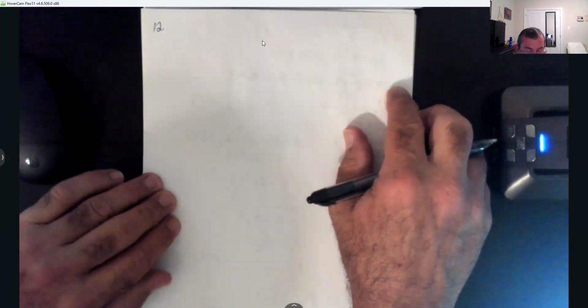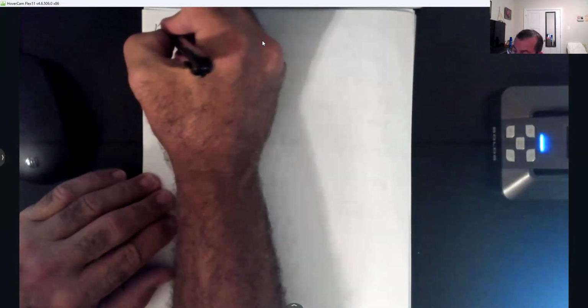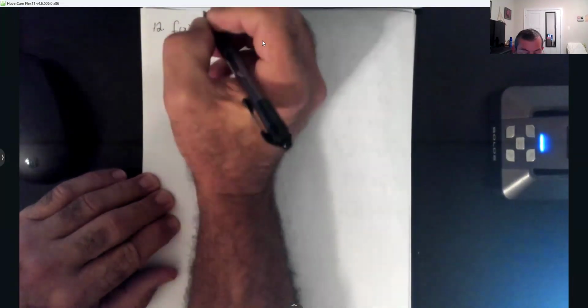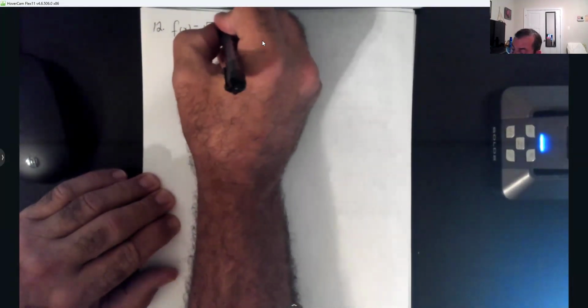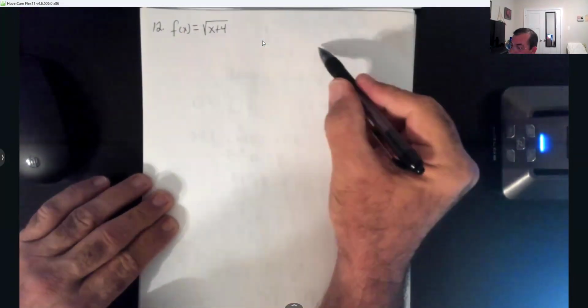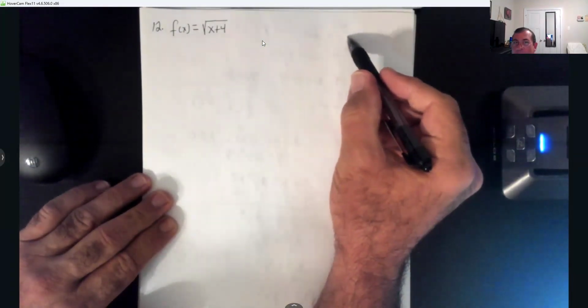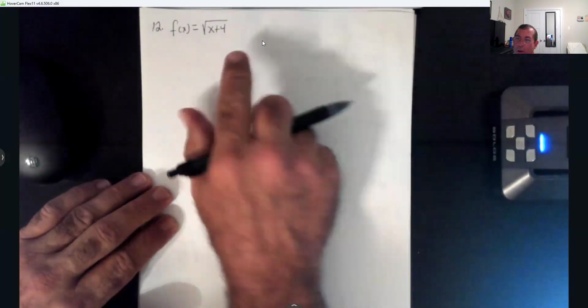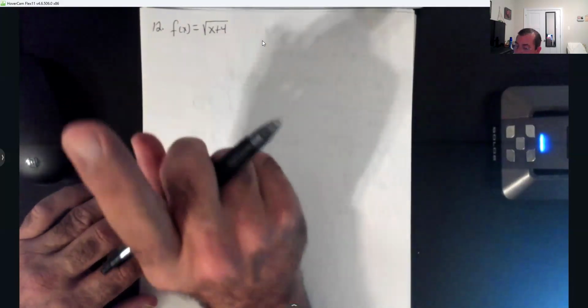All right, y'all. So number 12. F of x equals the square root of x plus 4. So this would be like a slowly uphill going line to the right, but it is 1-to-1 on this one for sure.